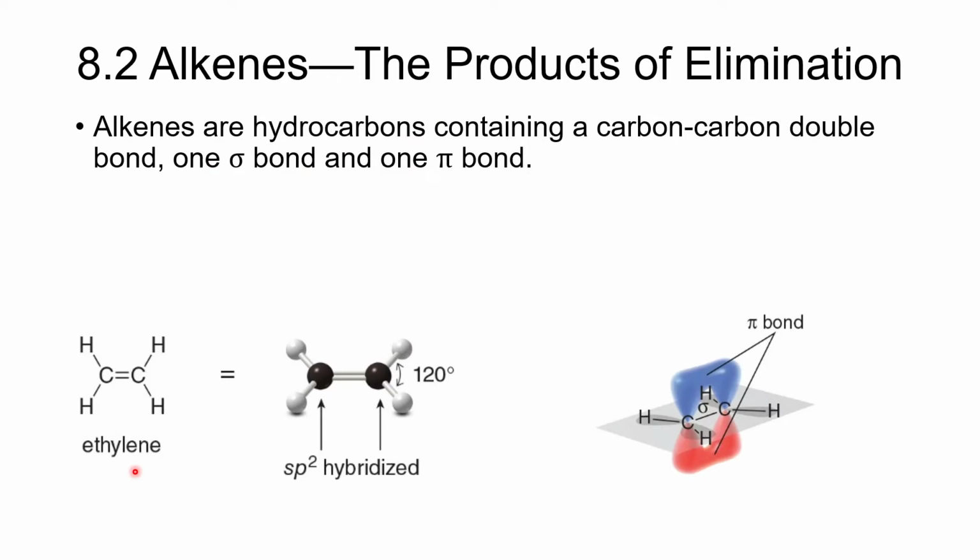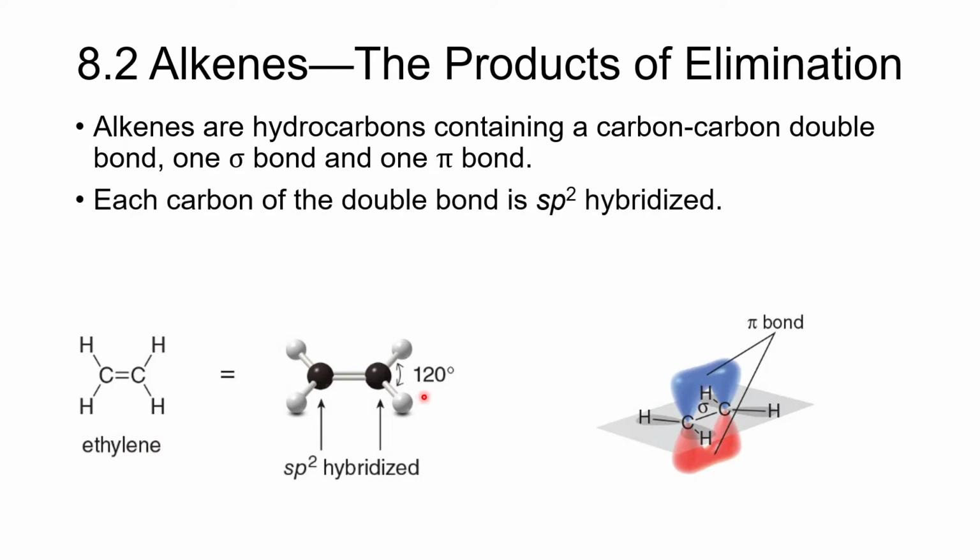And here is the simplest example of an alkene, which is ethylene. You'll notice that ethylene has a double bond between the two carbons, and then has 4 single bonds going to the hydrogens. We'll see that the carbons are sp2 hybridized.